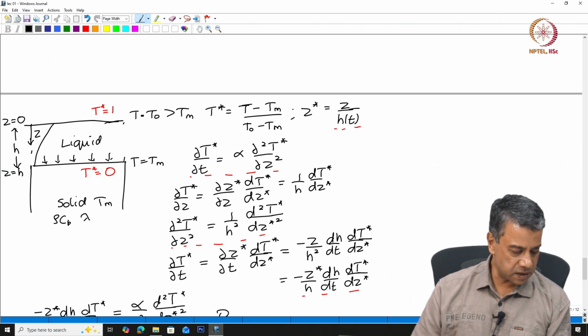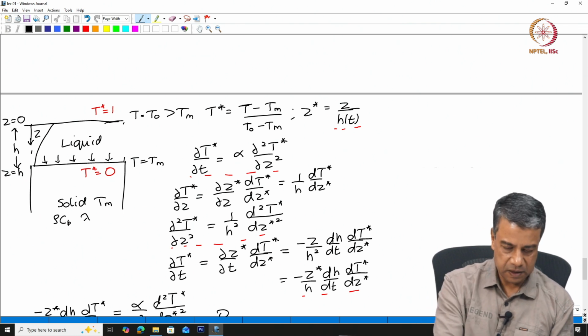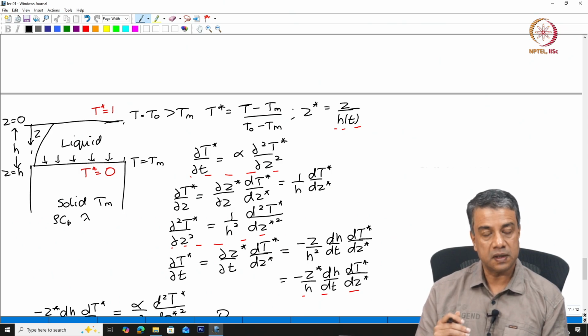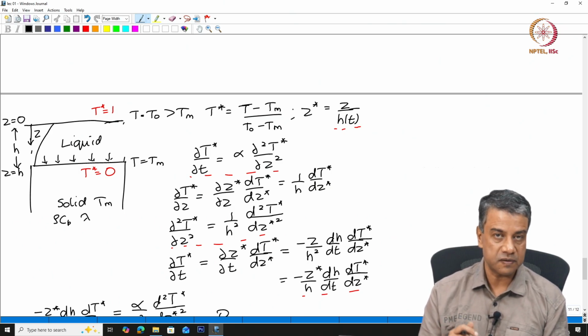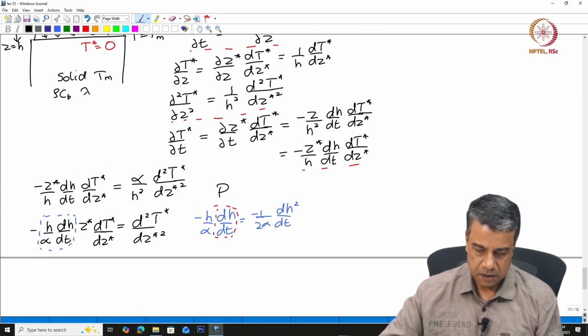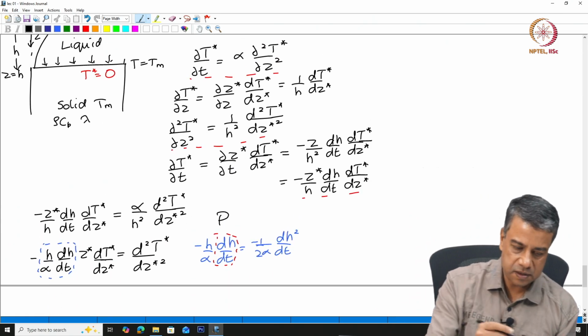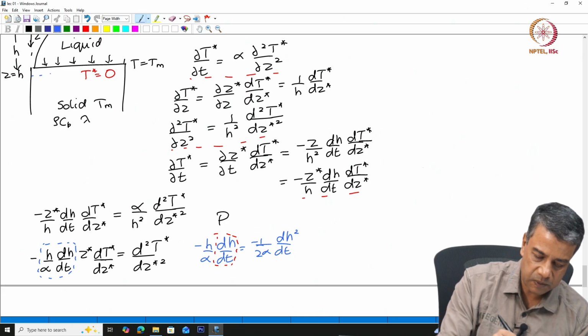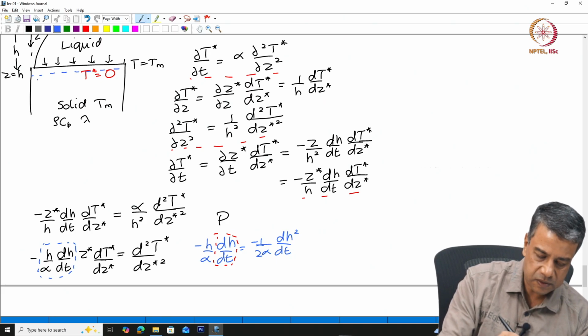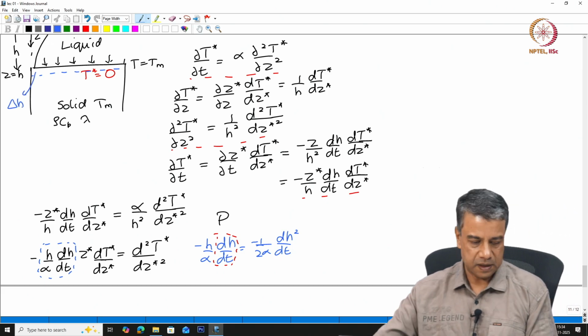But there is one additional condition that has to be satisfied here, and that is the heat transferred in a time delta t has to be equal to the latent heat times the mass of material that is molten. Let us assume that this interface goes down by a small distance delta h within a time delta t.